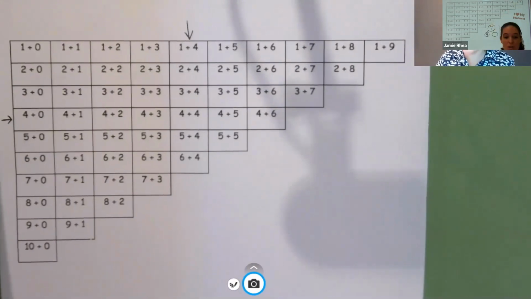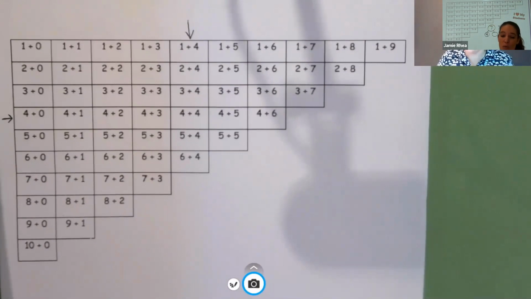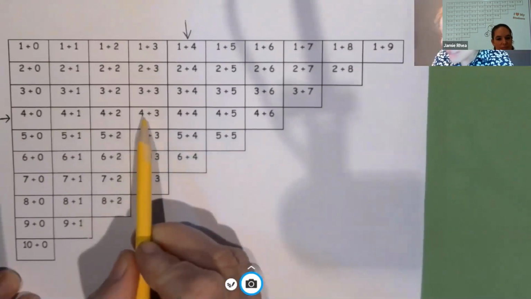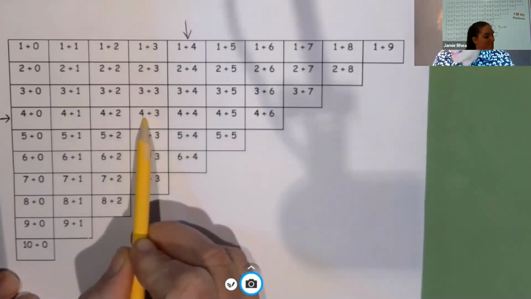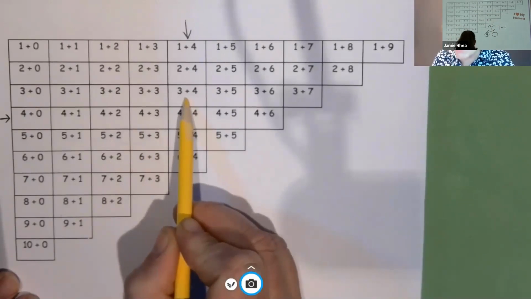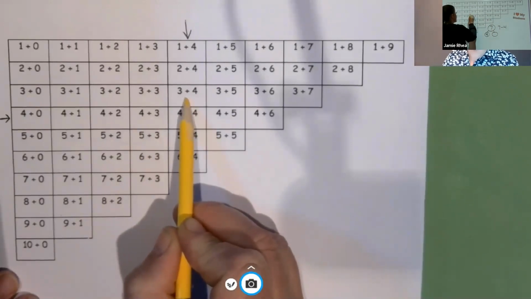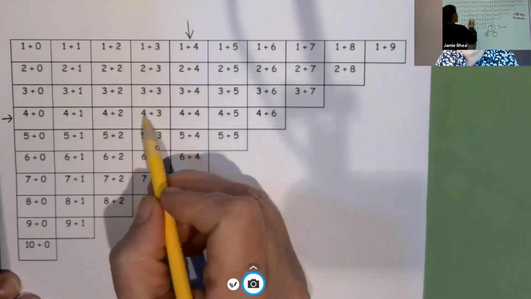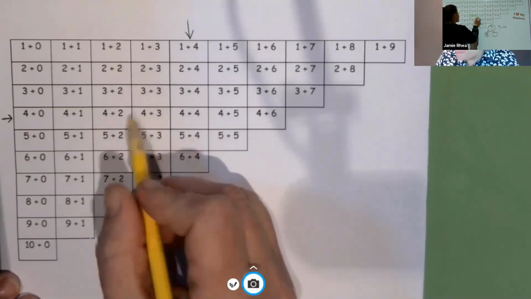Count it on 3 more. So which problems have a total of 7? 4 plus 3 or 3 plus 4? Did you say 4 plus 3 and 3 plus 4? Yeah. If you did, you are absolutely right. Let's color those problems yellow.